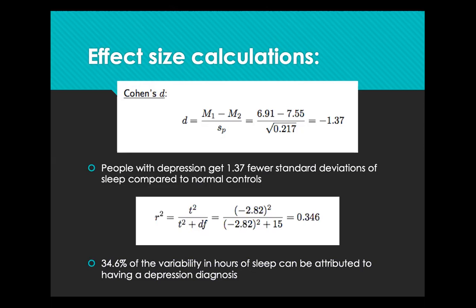And you compute an R squared to be 0.346, and you would interpret that by saying 34.6% of the variability in hours of sleep can be attributed to having a depression diagnosis. That's quite a lot of variability that is explained, right? Percentage of explained variability. So that would be considered a large effect size.